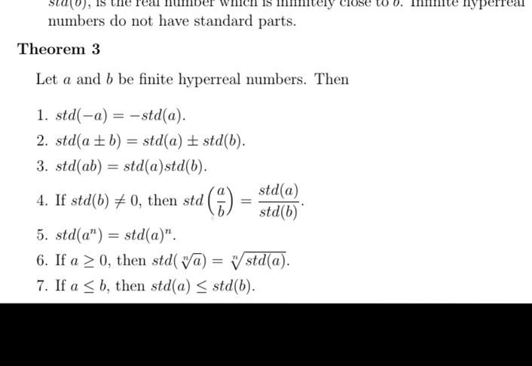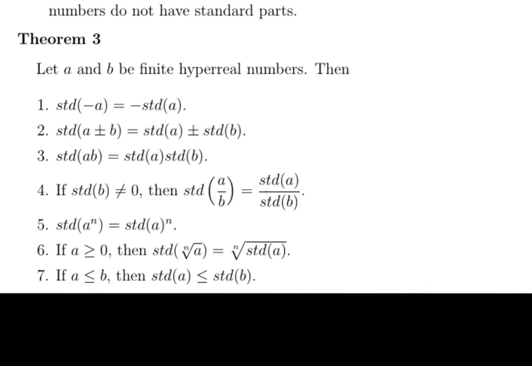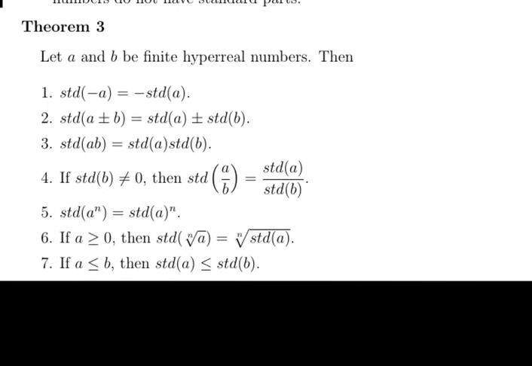The standard part has to exist because by the standard part principle, if a over b is a finite hyperreal number, then it has a real number infinitely close to it. You just may not be able to use this part of the theorem.